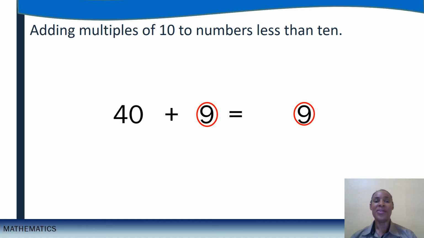Now, boys and girls, we have 4 tens. We are not adding any tens to the 4 tens. Therefore, we write 4 tens in the answer. And there we have it. 9 added to 40 gives us 49. Excellent job, boys and girls.